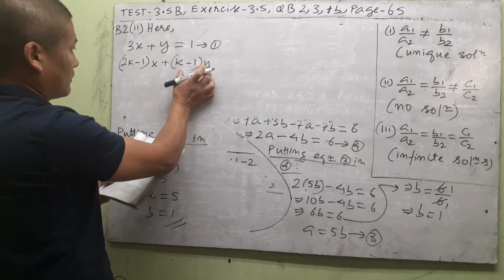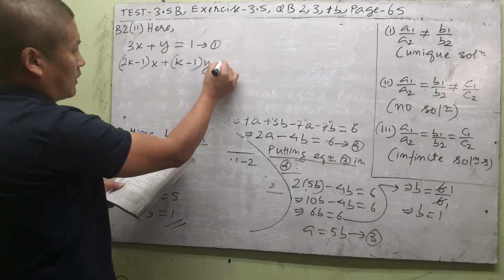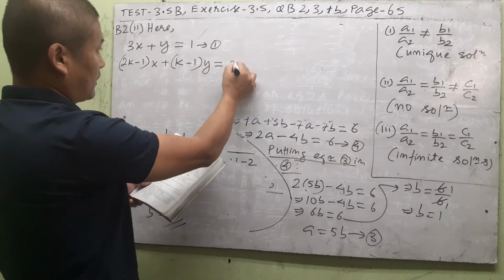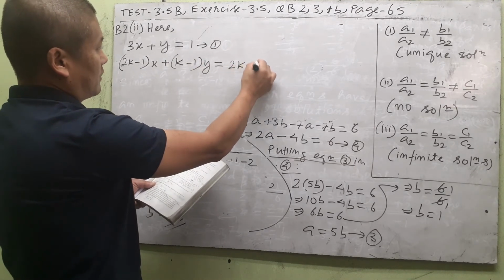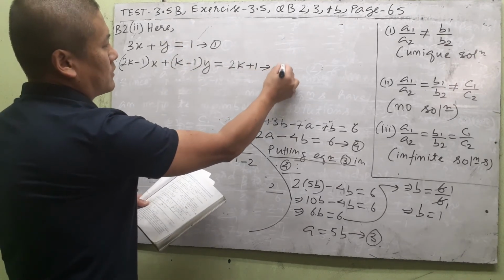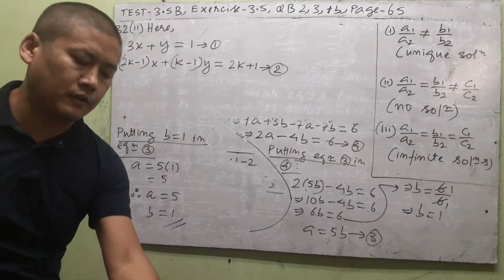So this is the y term similar to plus 1y, equal to the term having no x and y on the right side, everything: 2k plus 1. So this is C2, this is C1. Both on the right side, so that is correct. They will not cause problems for us.